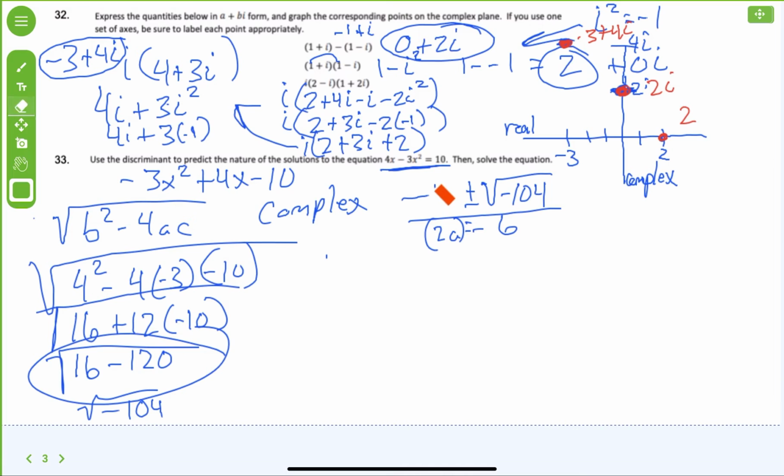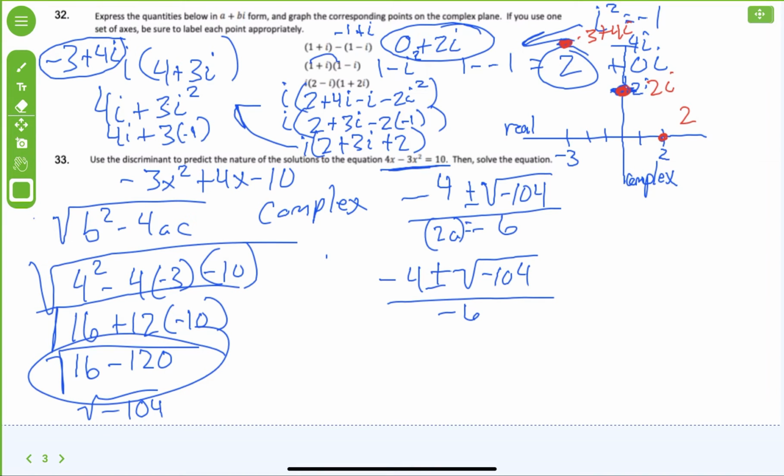Opposite of b would be 4. Hold it. Let me take it back a step and do this all the way out for you. We would have a negative 4 plus or minus the square root of negative 104 over a negative 6.